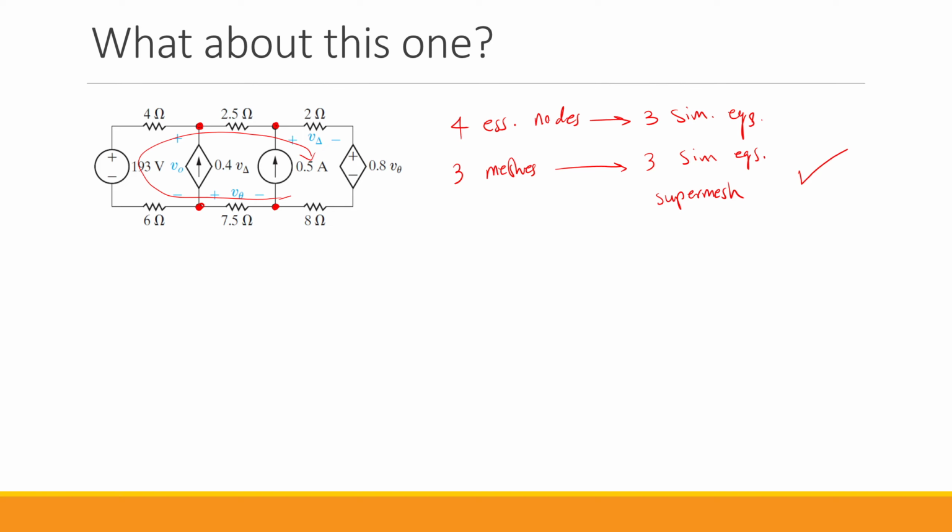But if I ask you this question, do you even need to solve the circuit? Let's just say I have a resistor right here, 10 ohm, and I ask you, what is the power that is being consumed by this 10 ohm?